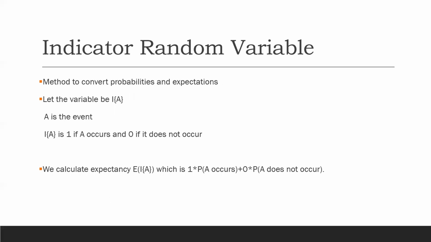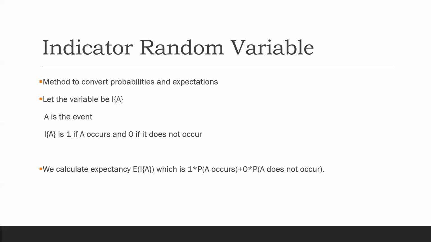Now, to solve this problem using probabilistic analysis, we will be using something called an indicator random variable. So what is an indicator random variable, or the IRV? The IRV is a method to convert between probabilities and expectations. Let's say there's a variable I of A, where A is an event. If A occurs, I of A is 1, and if A does not occur, I of A is 0.